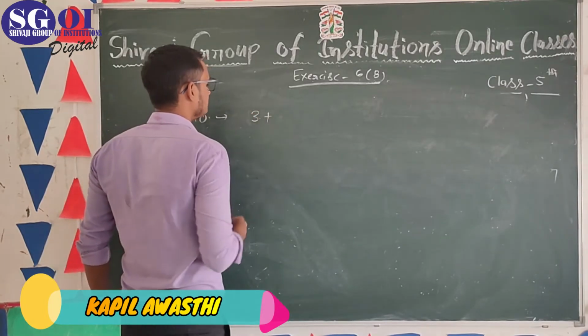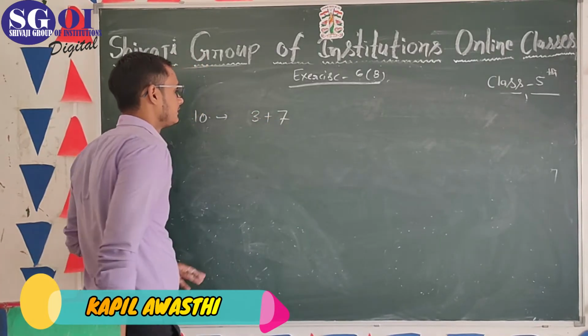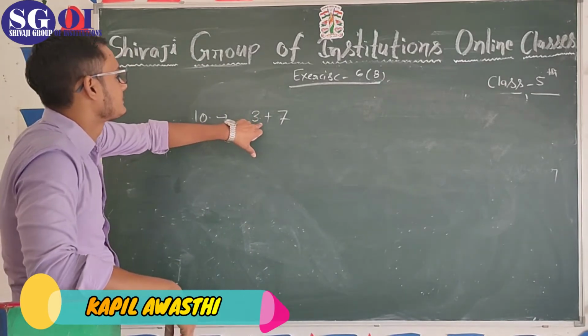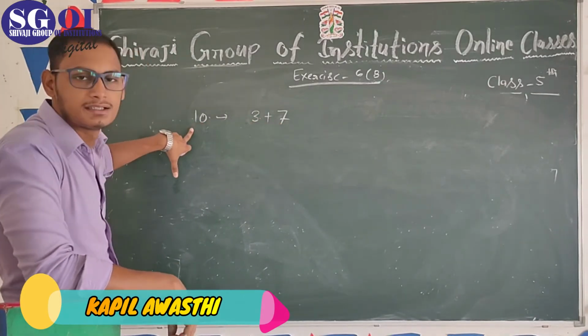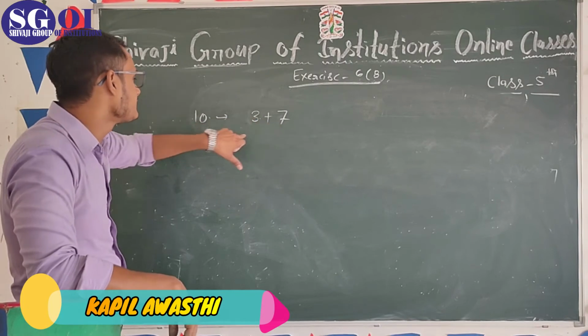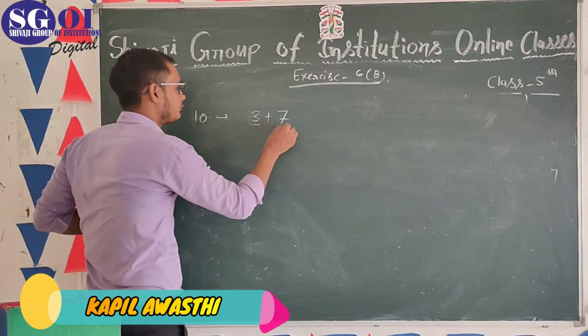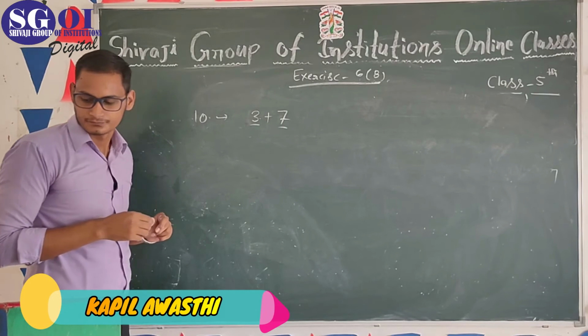So 3 is a prime number and 7 is also a prime number. The sum of 3 and 7 is 10. The sum of the two prime numbers is 10.